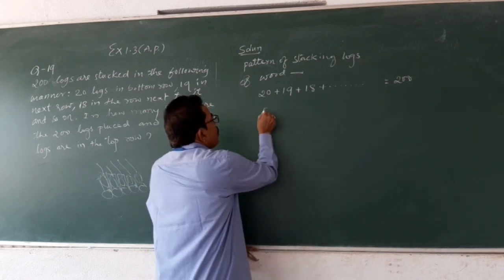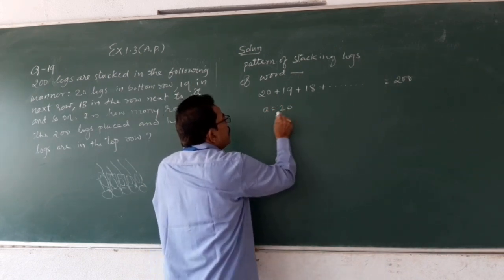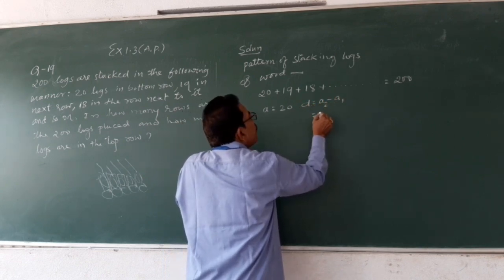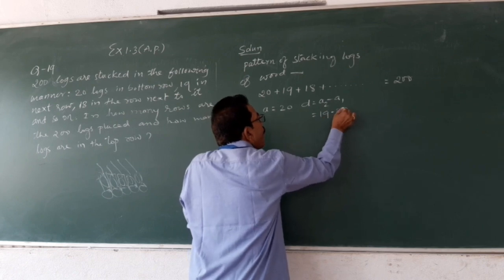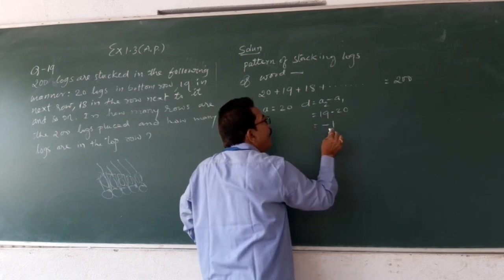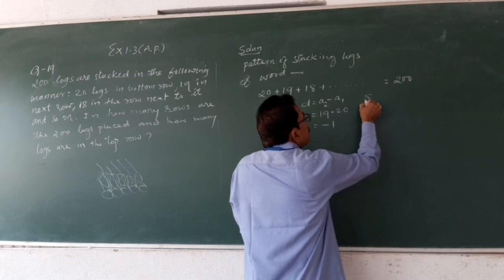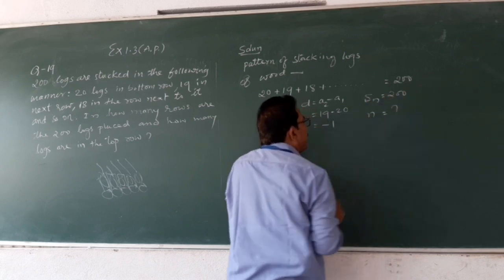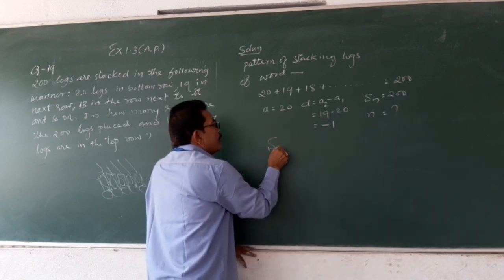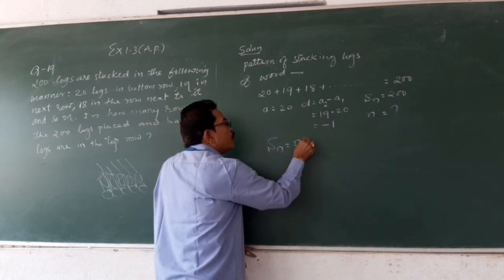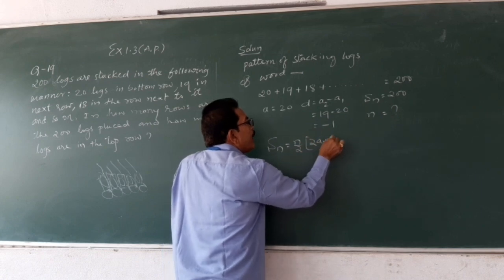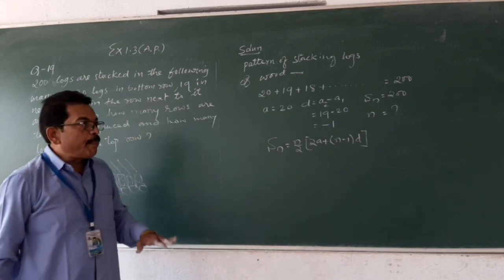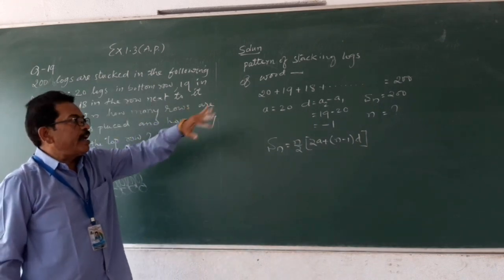So a equals 20, d equals a2 minus a1, that is minus 1. Sn equals 200, and n we have to find. The pattern of stacking wood is in the AP format.